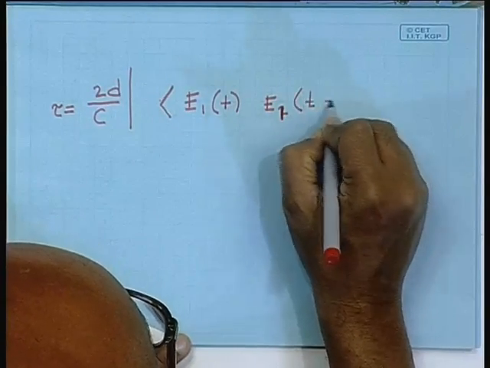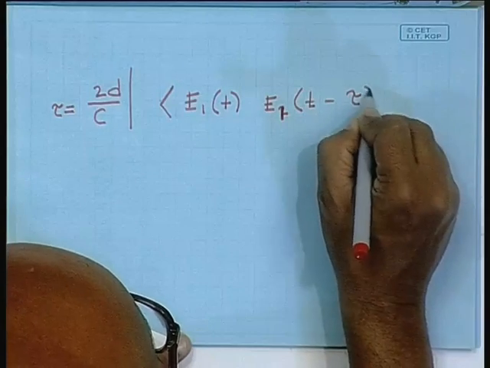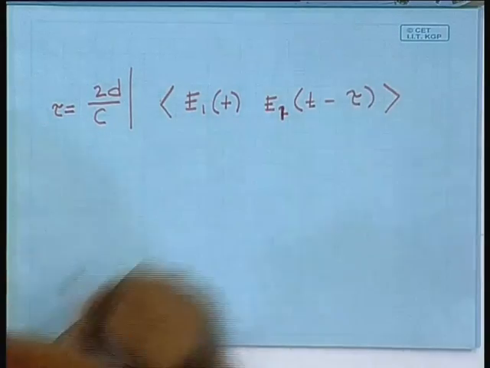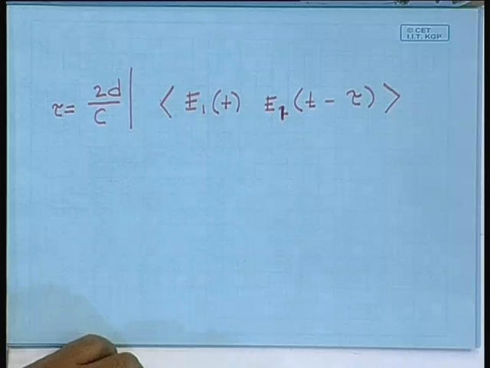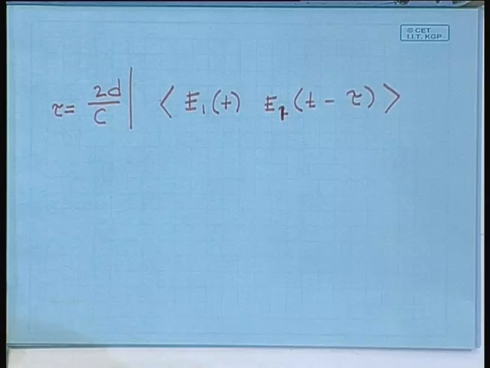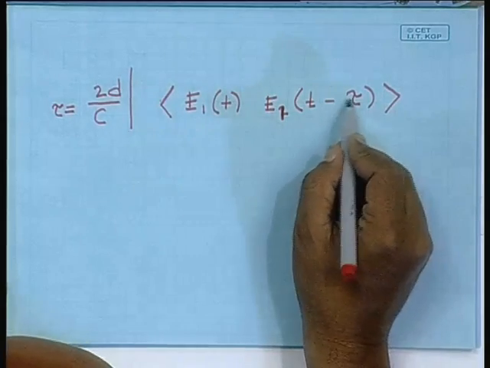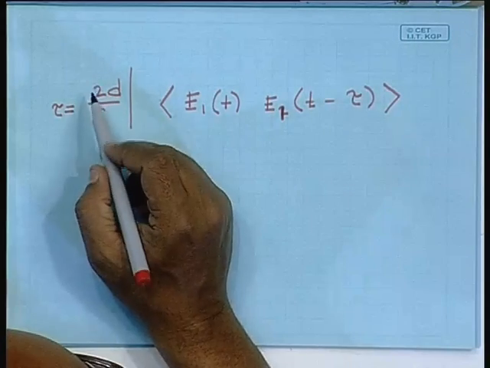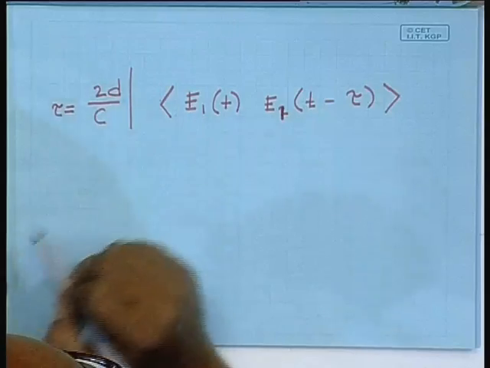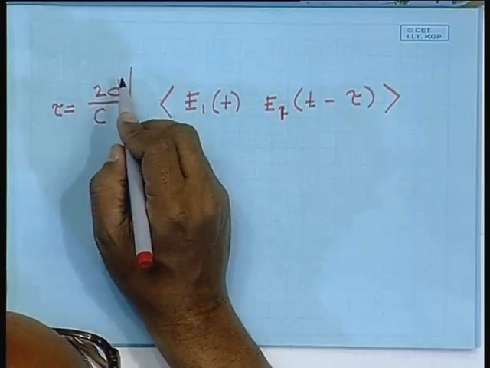The quantity which you are measuring through the interference is the coherence between the oscillations of the wave at two different times, which are separated by tau, and tau is equal to 2d by c.